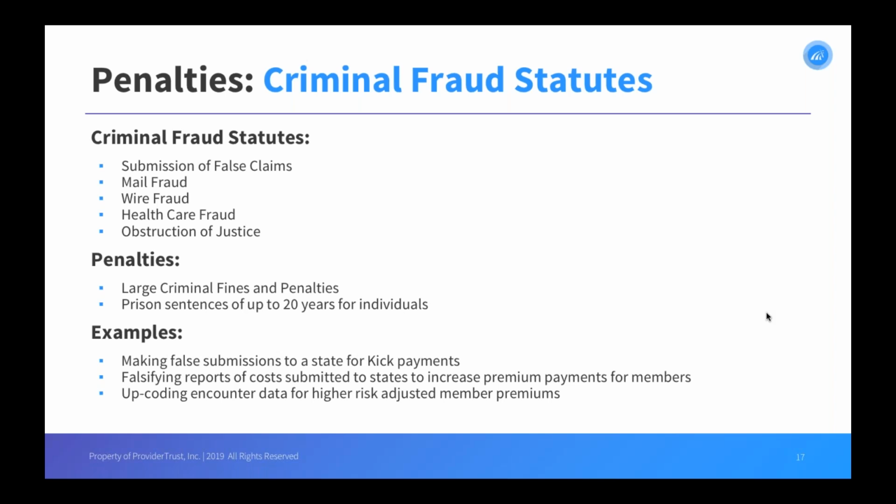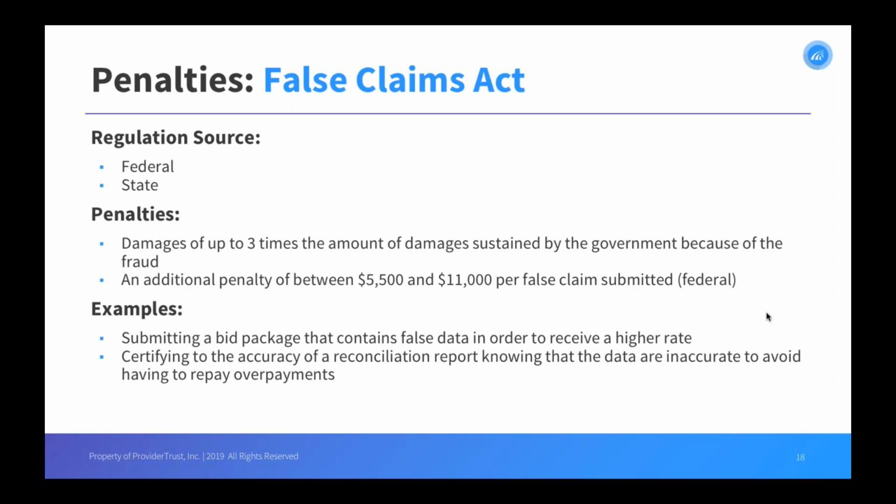Penalties, you can see this is criminal, right? So large criminal fines and penalties, prison sentences of up to 20 years for individuals. And examples of these are making false submissions to a state for kickback payments, falsifying reports of costs submitted to states to increase premium payments from members, or upcoding encounter data for higher risk adjusted member premiums. The second one, False Claims Act.